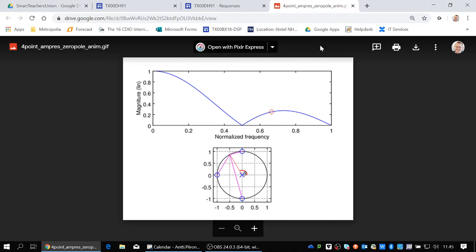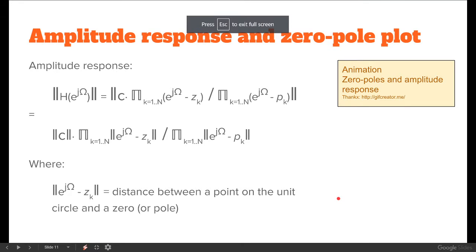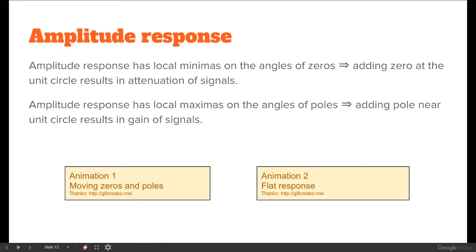So, yeah, that's the same explanation again. Local minimum at the angle of zeros, and then local maximum at the angles of poles.